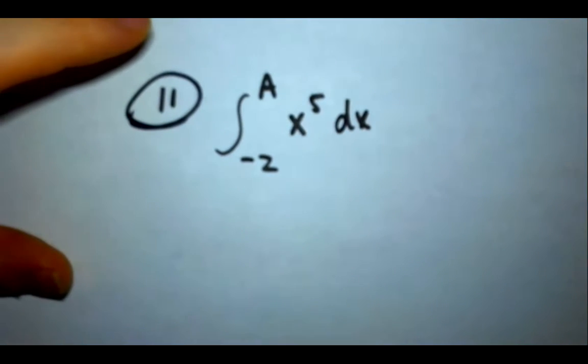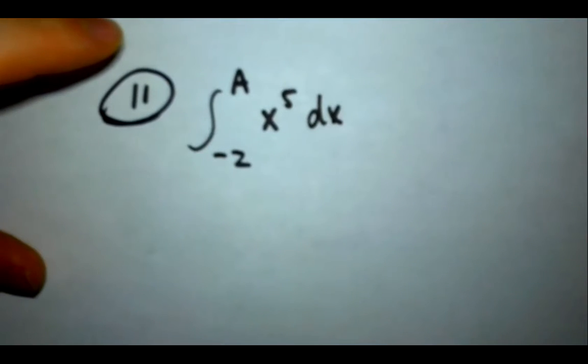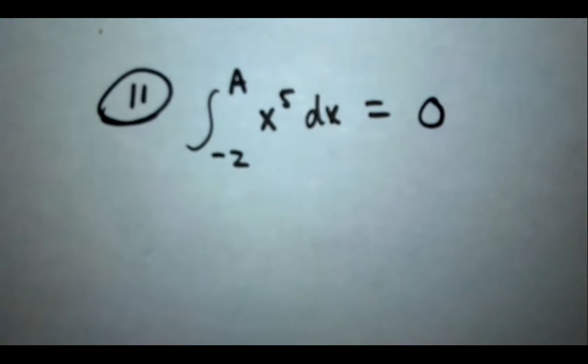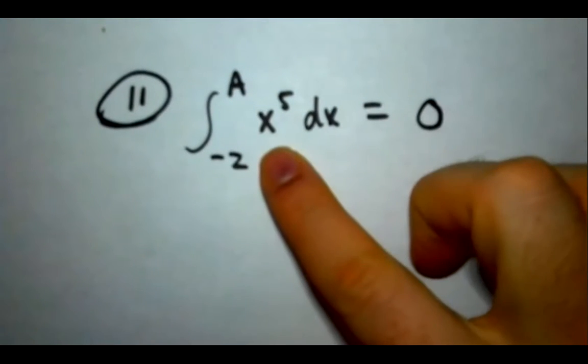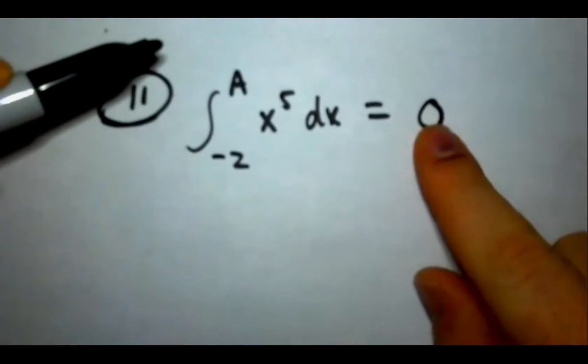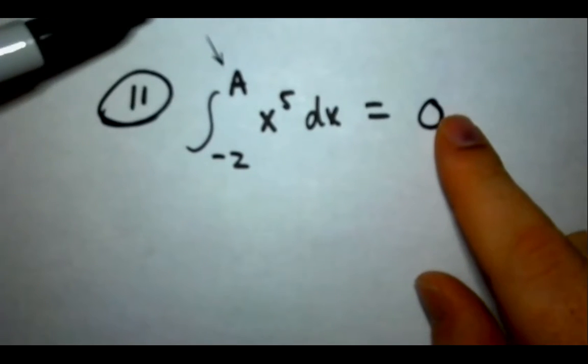And it's asking us all the values of a where the answer at the end of this whole story is 0. That's saying after you integrate this and plug in the bounds, final answer 0. What are all the different things for a that can pull that off?